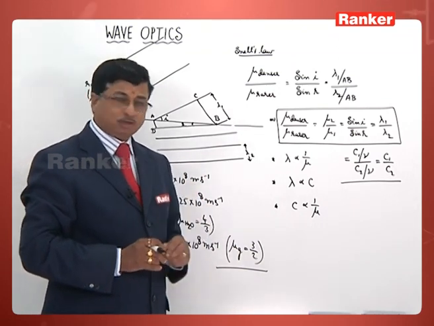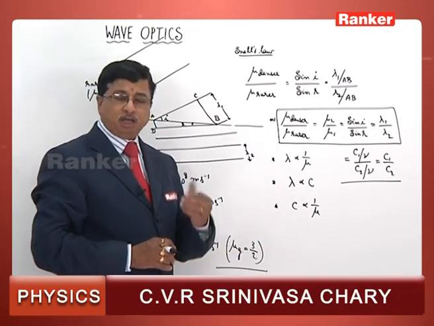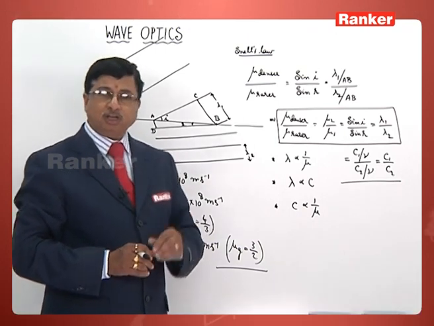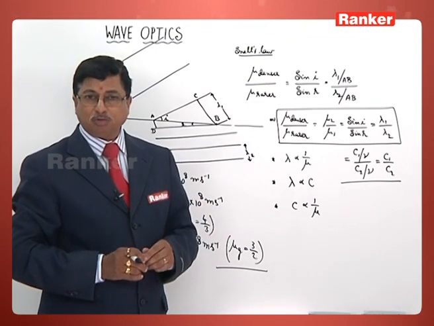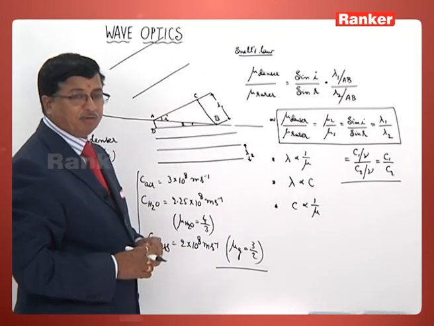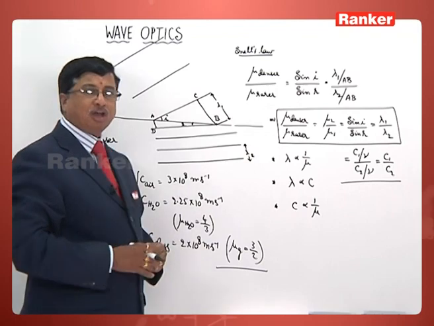That is the second point. Similarly, the third one: the velocity of light in a medium is inversely proportional to the refractive index of that medium. That is the third point we have to remember. All three we have just derived by considering the wave principle of Huygens, and these results are to be remembered.